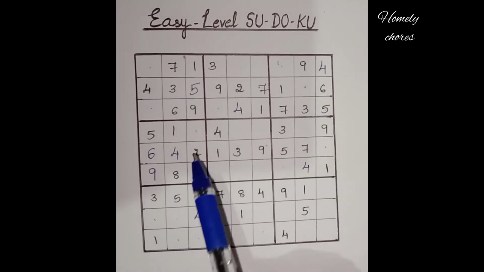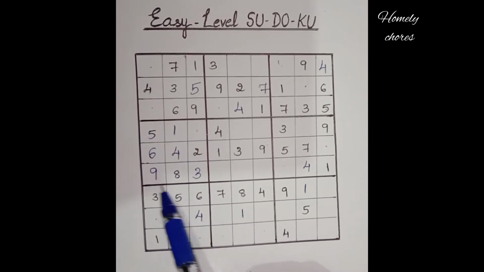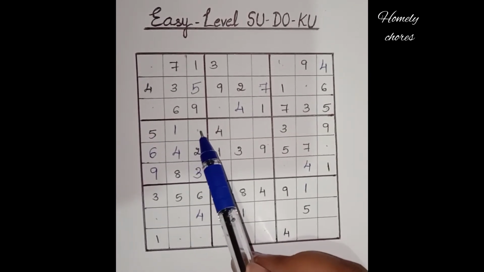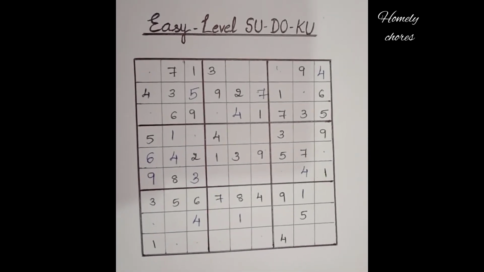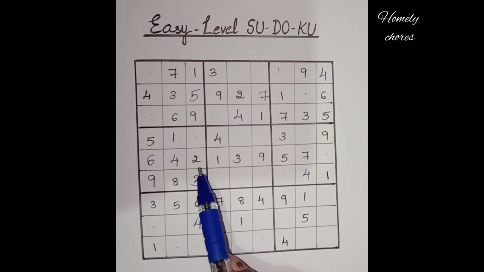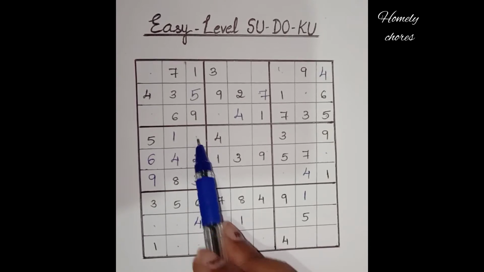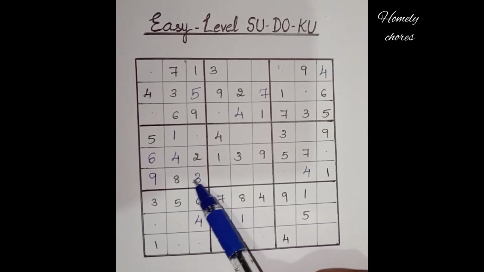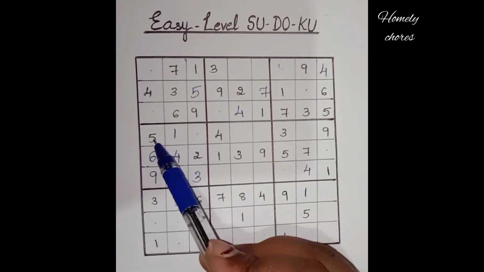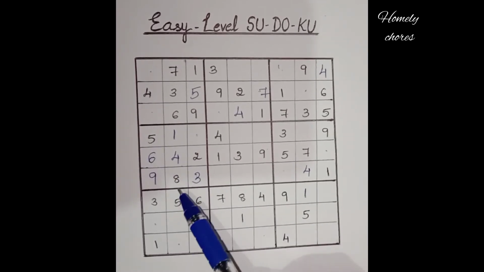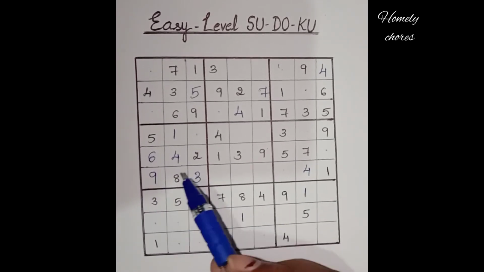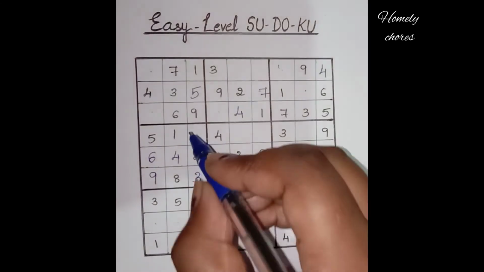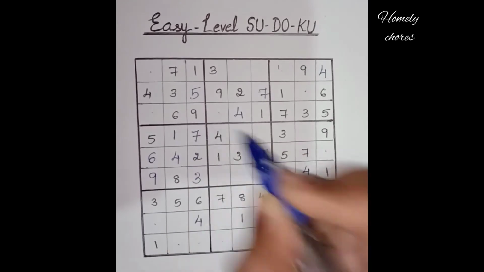Now just select this 3x3 thick grid in which the grid is filled with 8 numbers and you have to check which is the number left to fill in this grid. 1, 2, 3, 4, 5, 6, 8 and 9. So you can see the number 7 is not there. Just fill it with number 7.